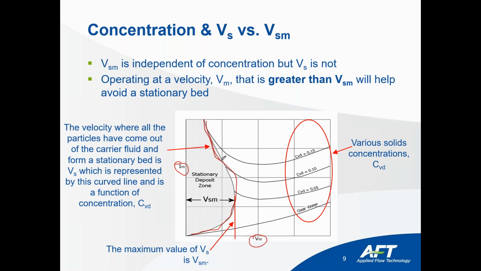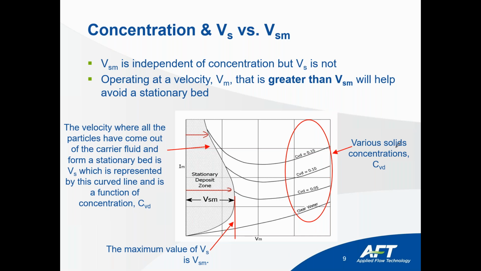This is the limiting velocity in which you will start to have solids settling out of your fluid. So this curve right here is called VS. That's for your settling velocity. So the thing I want to point out is the settling velocity here is different than the settling velocity here.